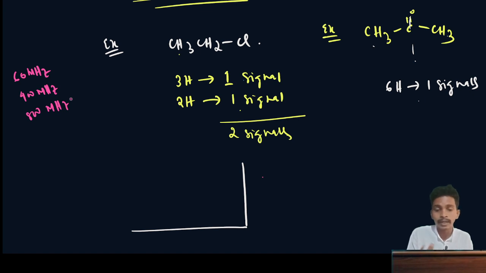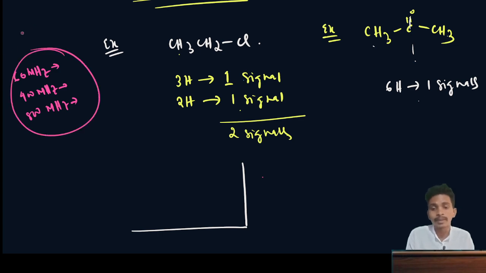The 60 megahertz NMR is a low-cost instrument and you get less intense peaks. With a higher magnitude NMR, the 400 megahertz instrument, you get somewhat better intensity peaks. With a very big instrument like 1800 megahertz, you get high intensity peaks. So NMR instruments of different magnitudes exist: some smaller, some medium, some bigger.